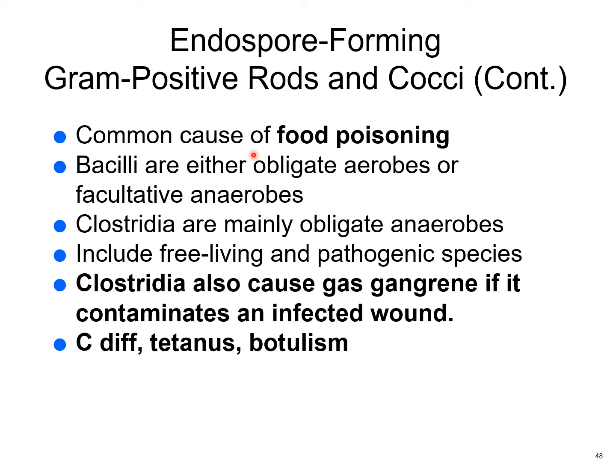If you get Clostridium perfringens, or many of the Clostridiums, growing in a wound that has inadequate circulation to it, you're going to get gas gangrene, and that's very disconcerting because then you start losing limbs in patients. But they're generally free-living, obligate anaerobes, so you're not going to see them on the surface out in the air.